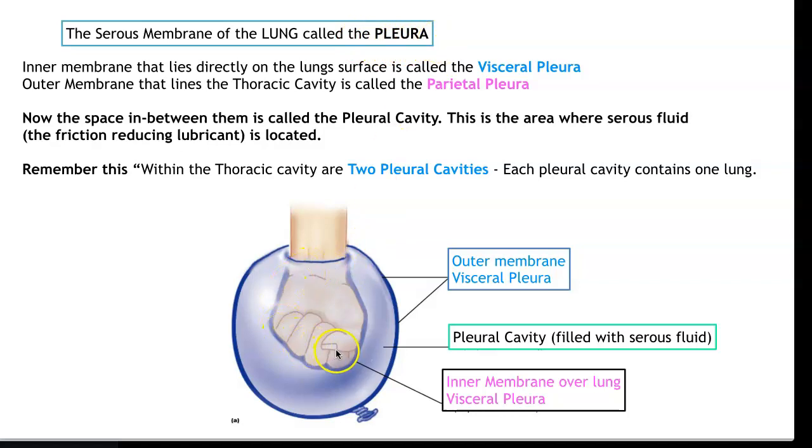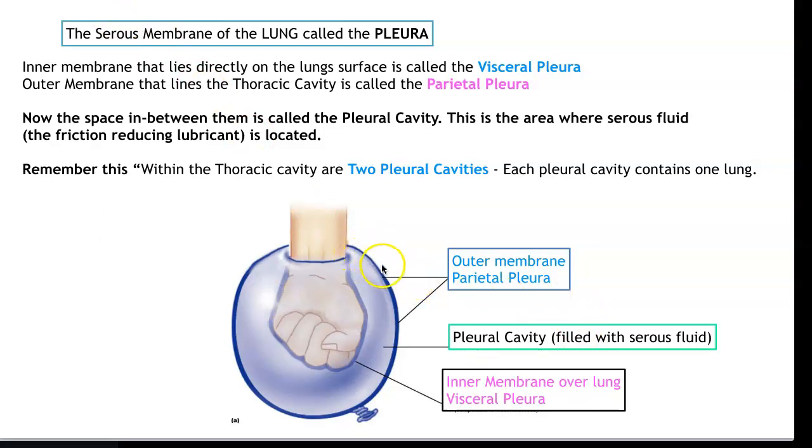Now, if the fist is representing one lung here, the outer membrane is going, ooh, boy, did I screw that up. Let me change that. Okay, I fixed the mistake.